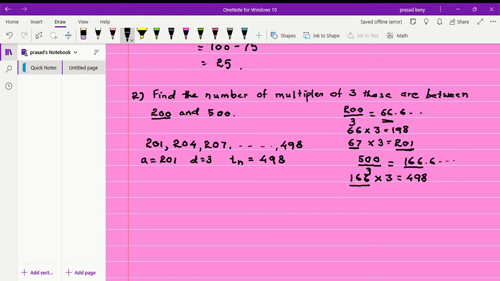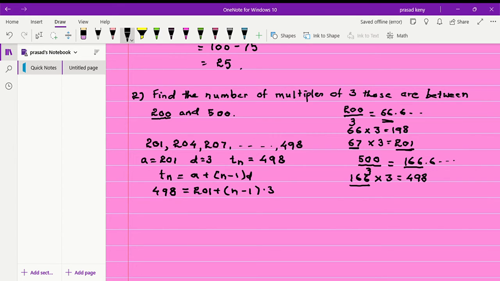So use Tn is equal to a plus n minus 1 into d. Tn is 498, the last term, a is 201, and I want to find out the number of multiples, and d is 3.